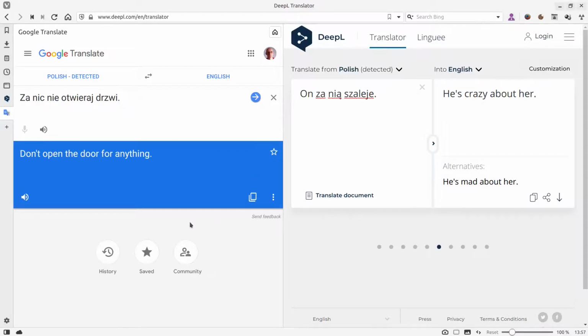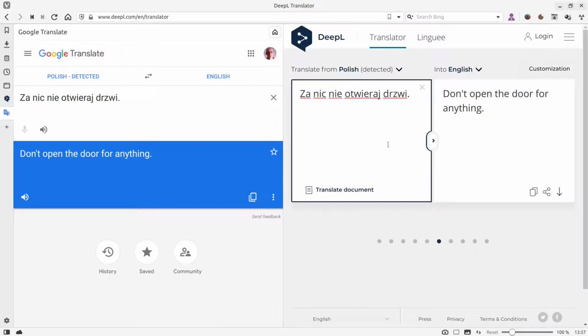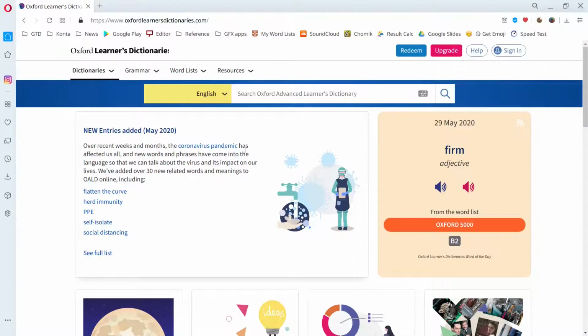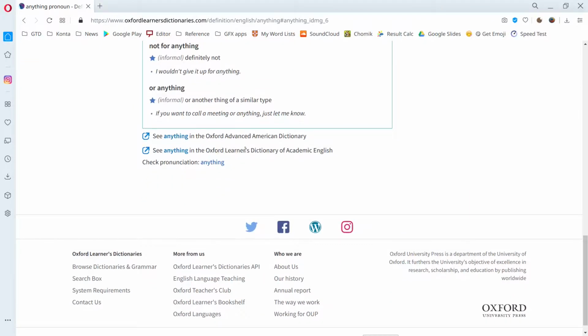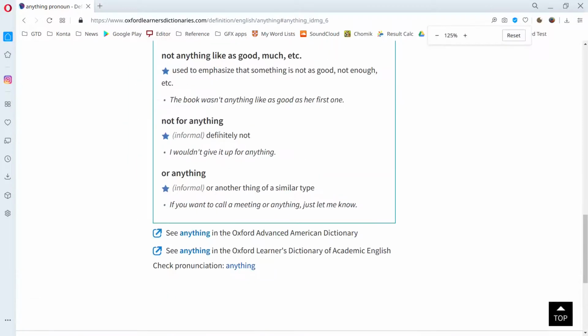Don't open the door for anything. Right, I'm not 100% sure about this phrase. Right, so the definition here, of course, it's always negative, not for anything. Informal, definitely not. I wouldn't give it up for anything.